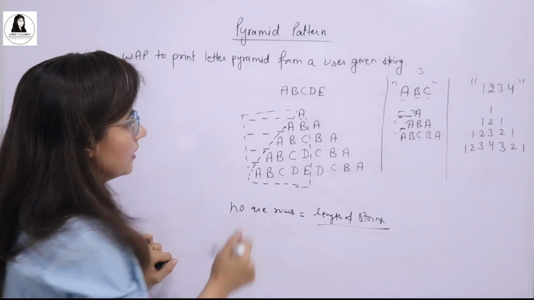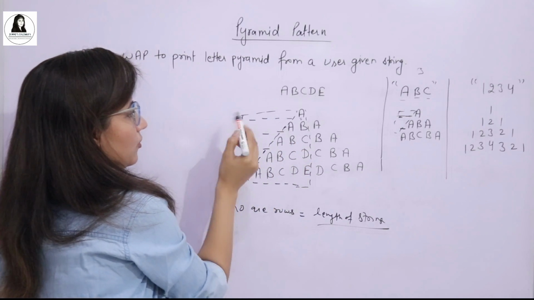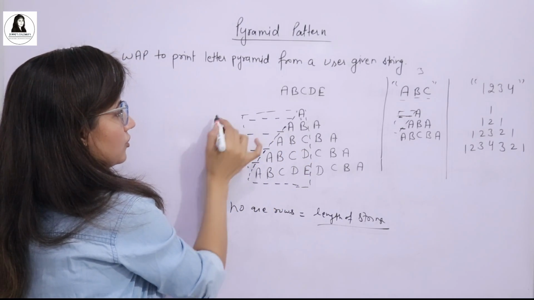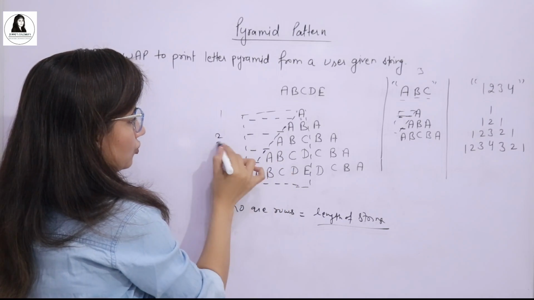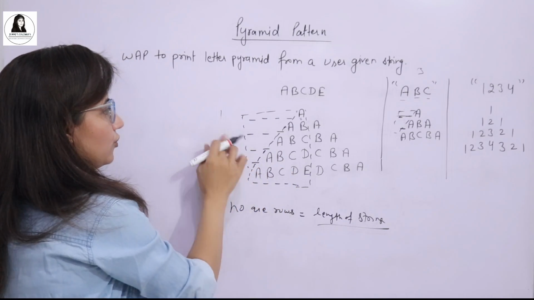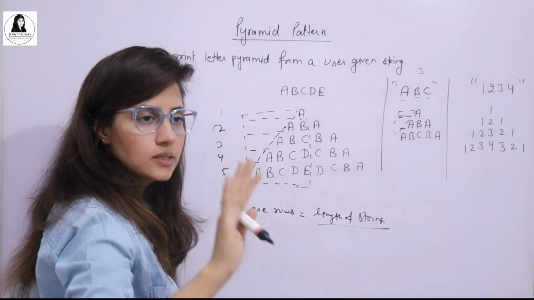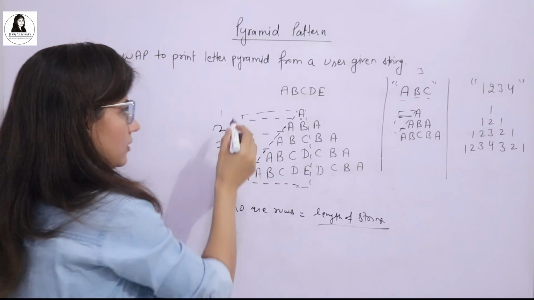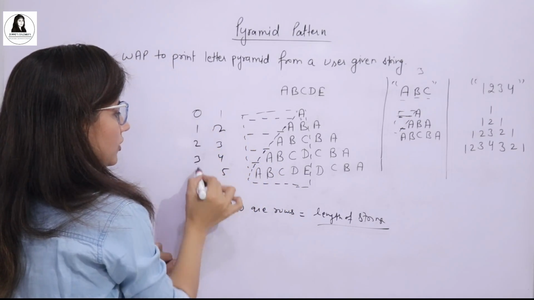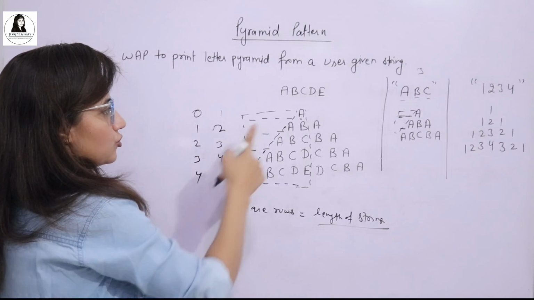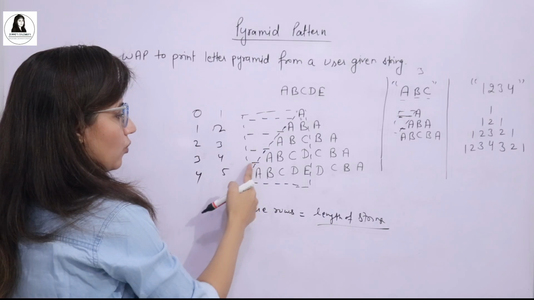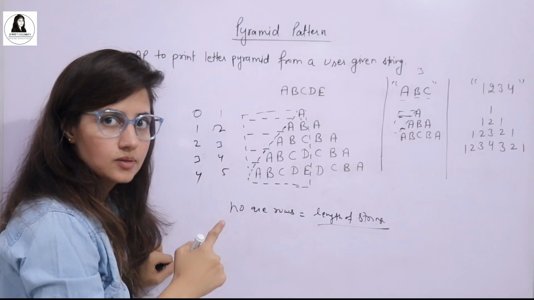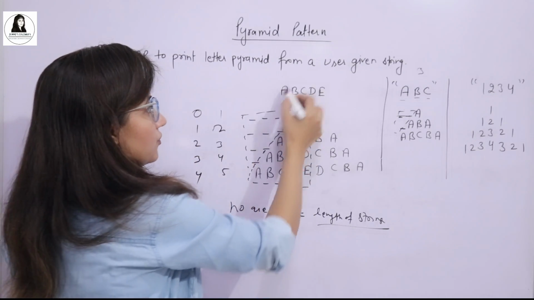How many spaces are there? See, the number of rows is 1, 2, 3, 4, 5. Or if you take the index, it is 0, 1, 2, 3, 4. So here spaces are 4, here spaces are 3, here we have 2, here we have 1, and here we have 0. The length is 5.